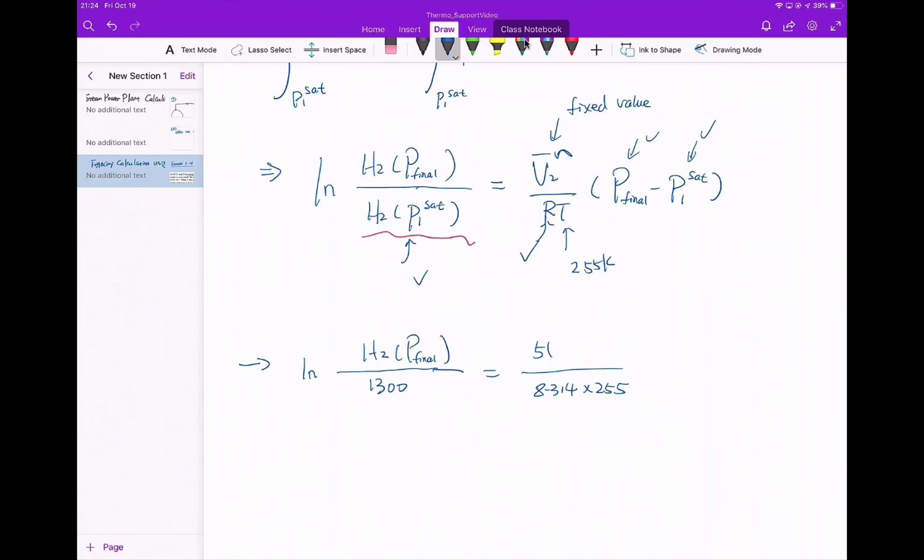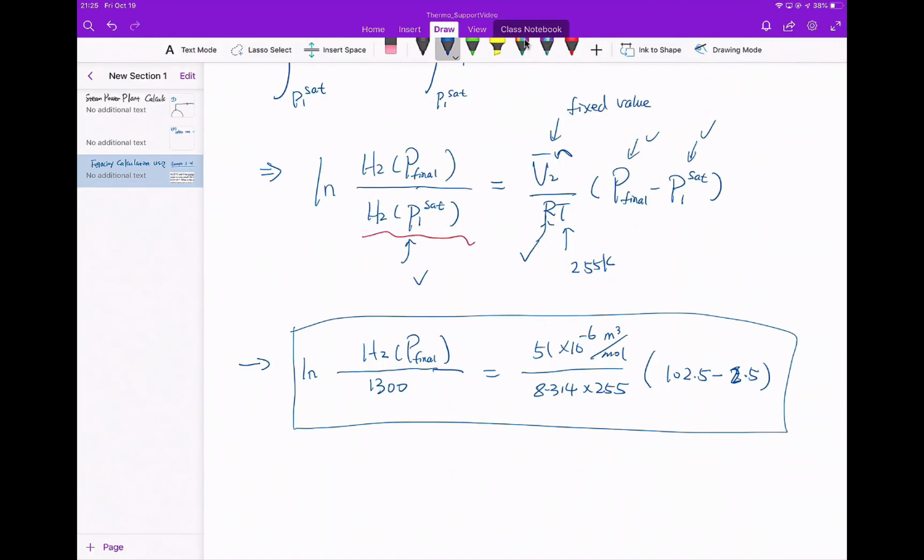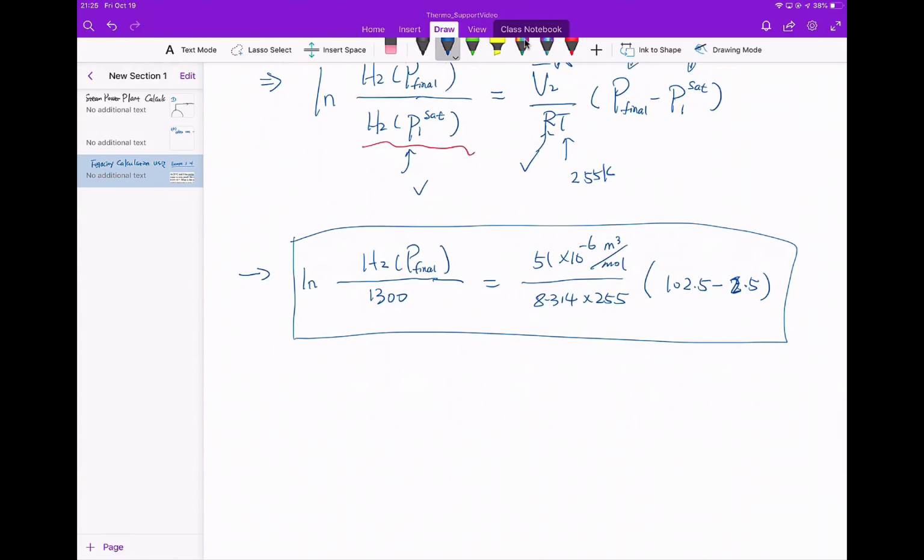Keep in mind that we need to convert this to 10 to the minus 6, so now I have all SI units, times P final minus P1 set. So this is one equation we are setting up. Basically we figure out Henry's constant and its dependence on the pressure.